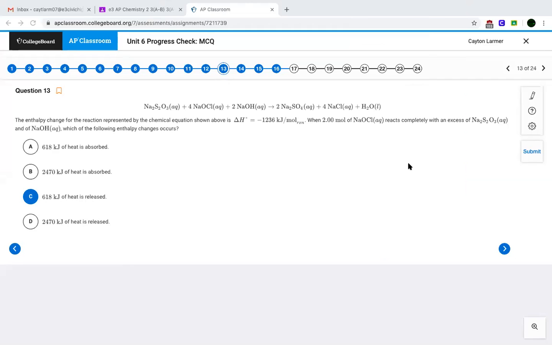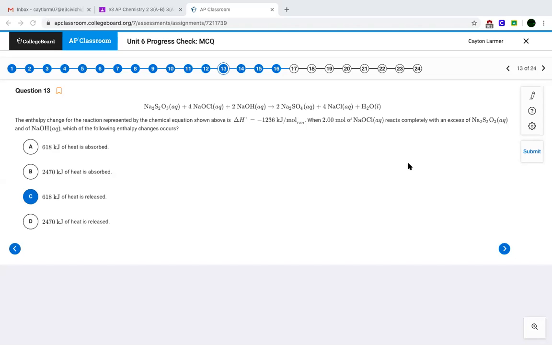Okay, great. Here's the question. And while you're at it, you get to see the answer I think I got. Okay, cool. So 2 moles of sodium, whatever that is, OCl, I don't know what that is. I should know what that is. Reacts completely with an excess of Na2S2O3 and NaOH. Which of the following changes occurs?